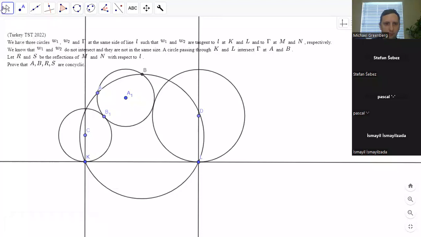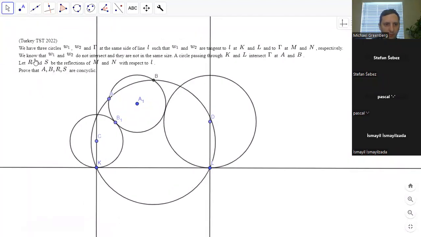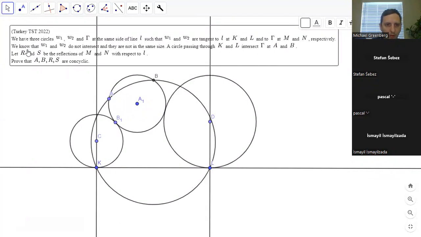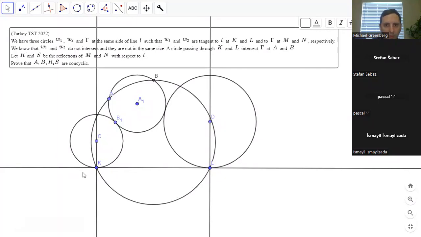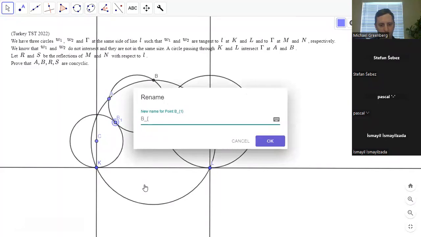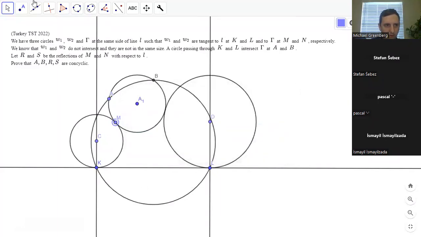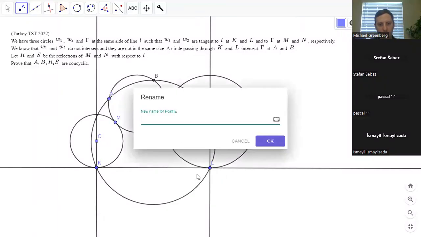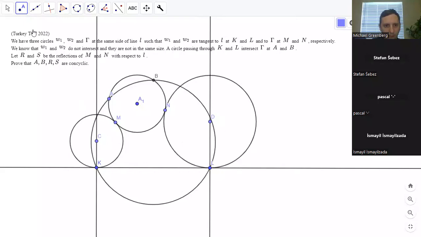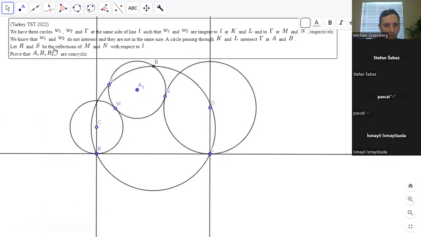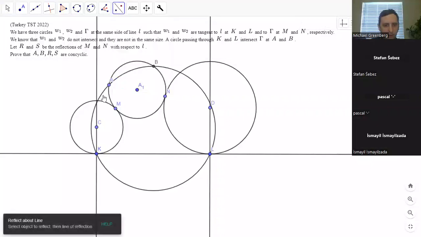For now, I just want to understand the problem better. So then we reflect M and N over L. So this would be M, and this would be N. Something like right here. I didn't draw an exact diagram. And then we reflect those over L. And we want to show that A, B, and those two points are cyclic.